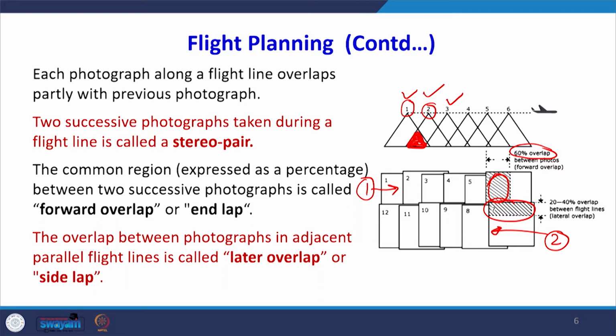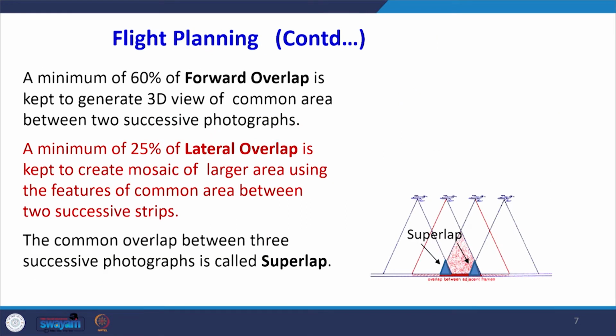These overlaps are kept intentionally while covering the whole area so that we can create a mosaic and also study the area in 3 dimensions. We maintain a minimum of 60% forward overlap so that we can see a 3D model of the common area.